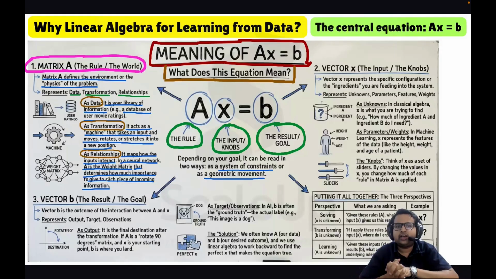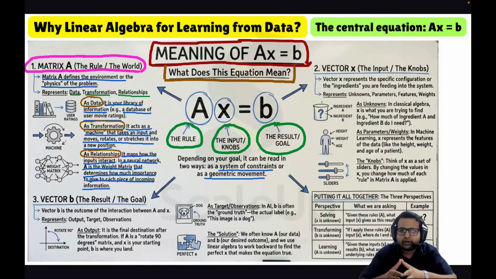So now it's very clear that matrix A defines the environment, the rule, the world. In matrix A, we can store either the data, the transformations, or the relationships. If we are storing data in A, then it will act like a database or library of information.